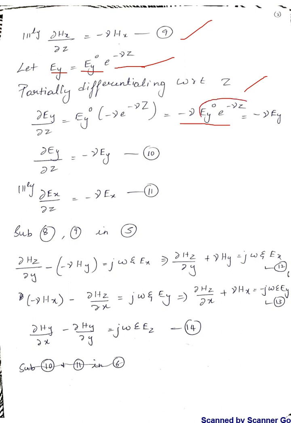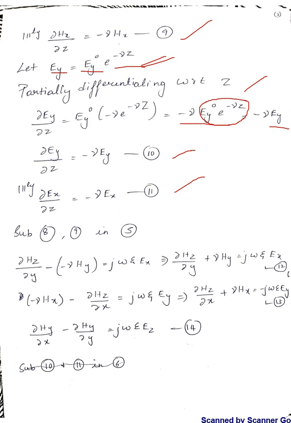We have assumed that Ey naught e power minus gamma z as Ey, so I am going to replace it by Ey. So dou Ey by dou z is equal to minus gamma Ey. Now I am going to similarly write it for x. Wherever you have y, just replace it by x. So dou Ex by dou z is equal to minus gamma Ex. I am going to mark these equations as 10 and 11.